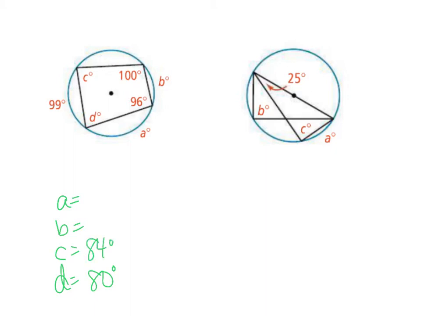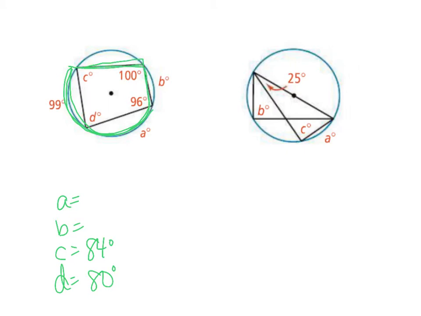And now let's work on A and B. Probably what I'm going to do is group. Let's work on A. I'm going to group A with this 99 degree angle, and I'm going to create this great big arc right here, because that great big arc is intercepted by this 100 degree angle.